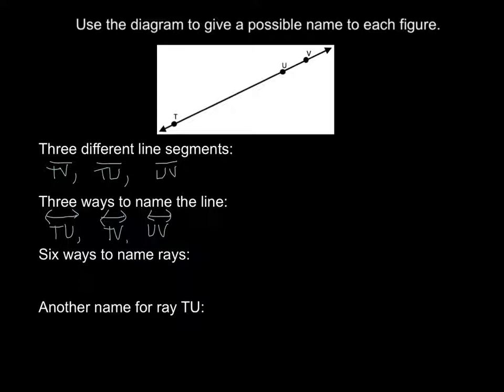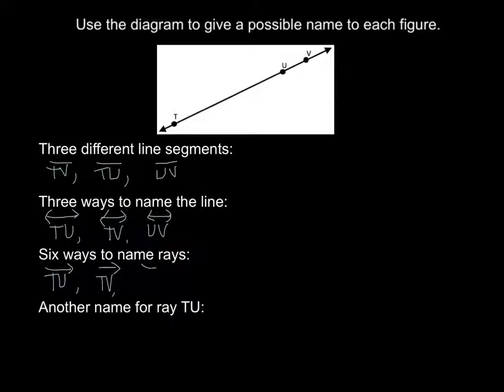And then next we have six ways to name rays. Whew, that's a lot of ways to name a ray. So let's start out with our ray symbol on the top. I could say ray TU, because that would be if I started at T, went to U, and then went on forever. I could say ray TV.